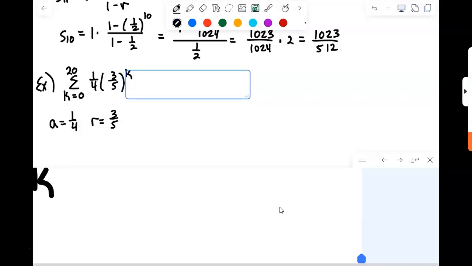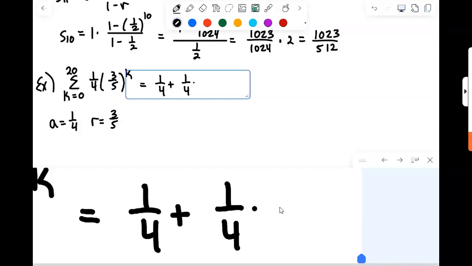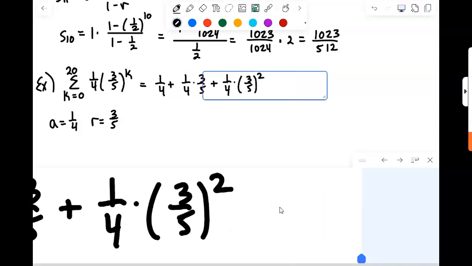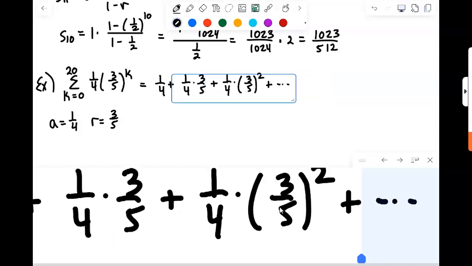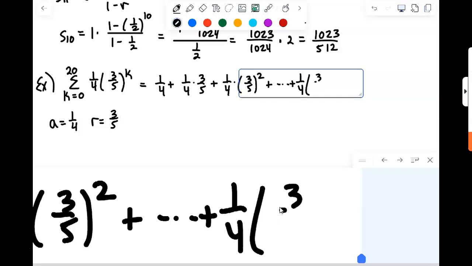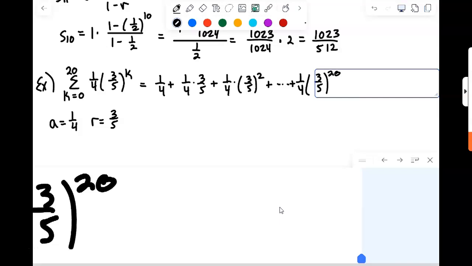So the terms I'm adding up look like this: 1/4 plus 1/4 times 3/5 plus 1/4 times 3/5 squared, and so on, coming all the way up to k equals 20, 1/4 times 3/5 raised to the 20th power.